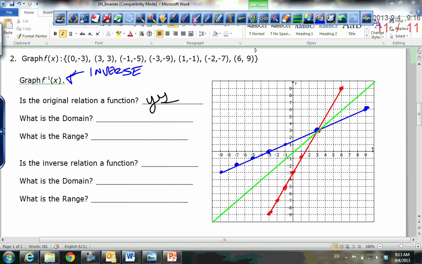All right, what's the domain? Where does my red line start with my x value? What's the smallest x value for my red line? -3. So -3 to, where does my red line end in x values? 6.